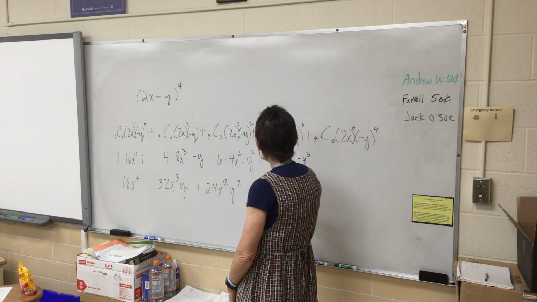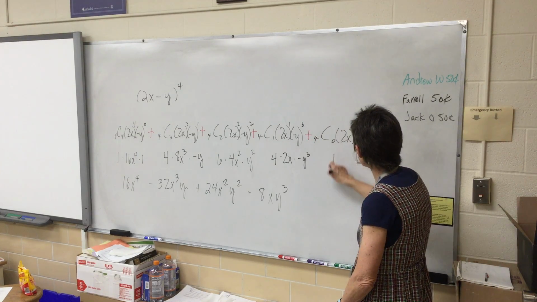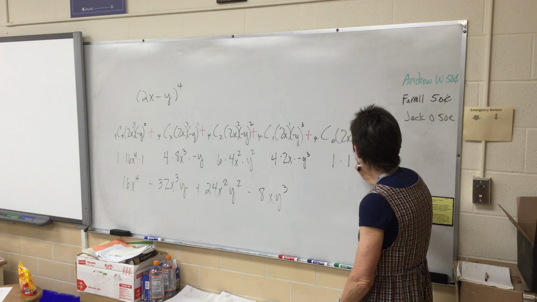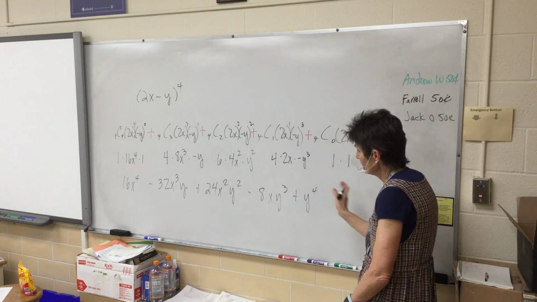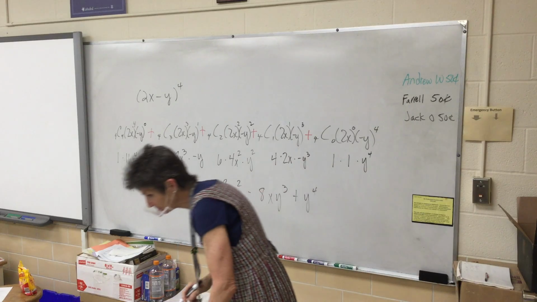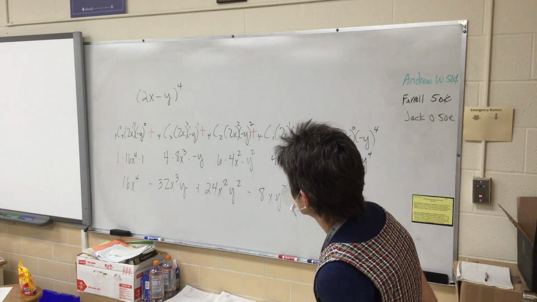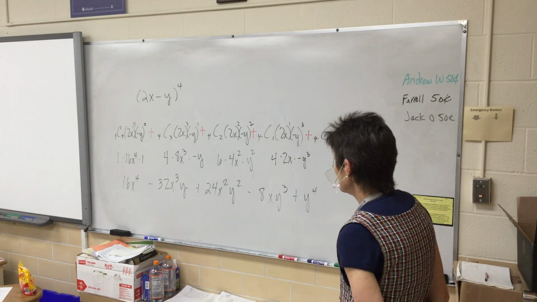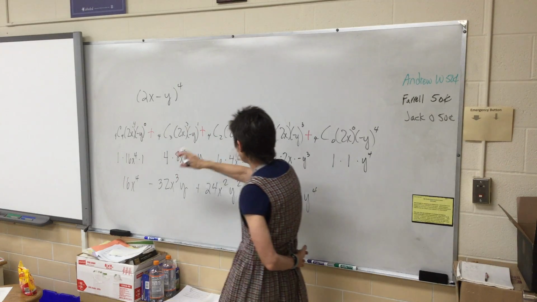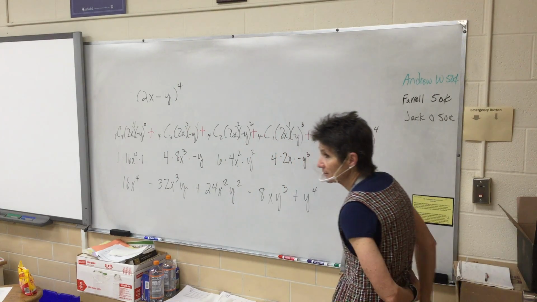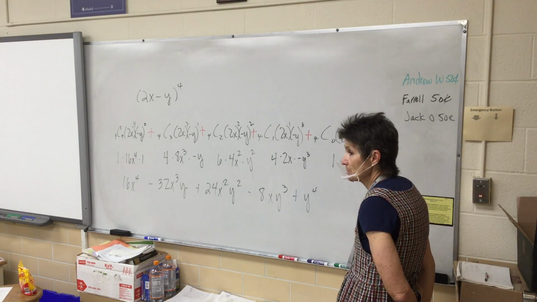So negative 8xy cubed. And that's 1 times 1 times y to the fourth. So that last term is just y to the fourth. And there it is, all simplified. And you would do that no matter what power it got raised to. Now, obviously, the bigger the power, the more terms you're going to have. But that's all there is to it.